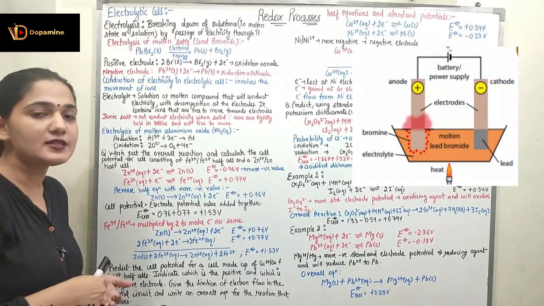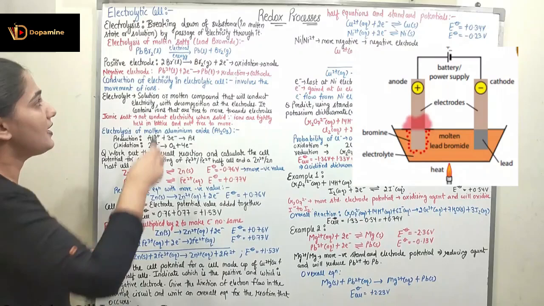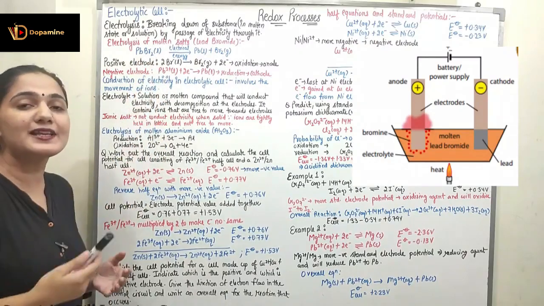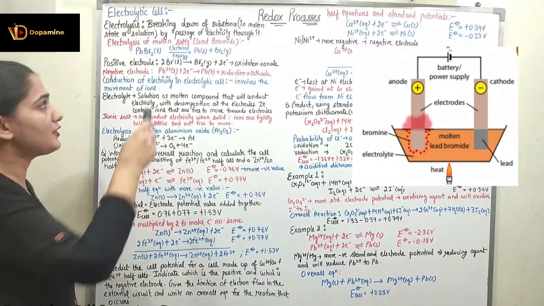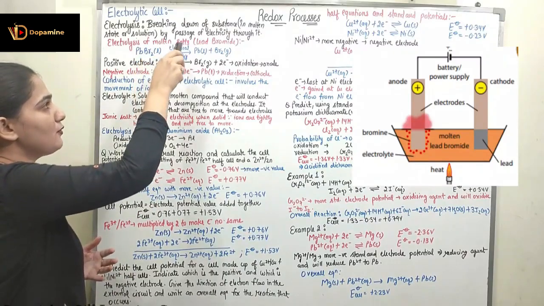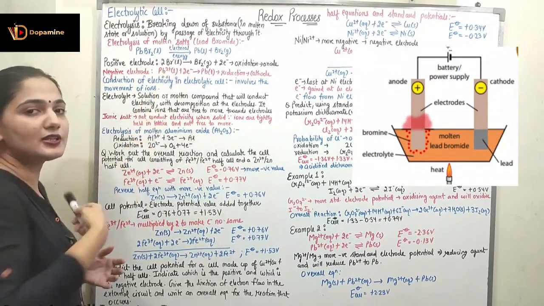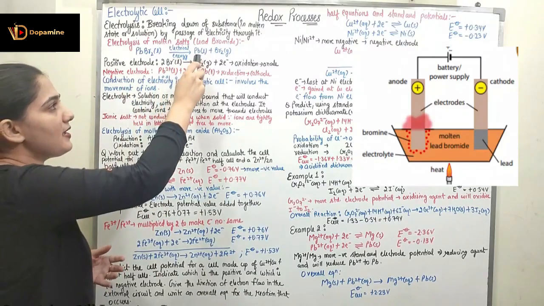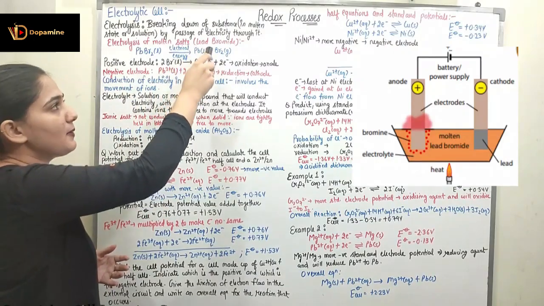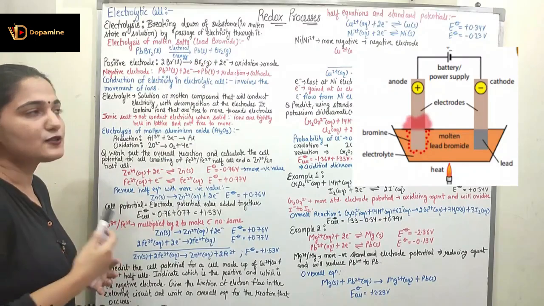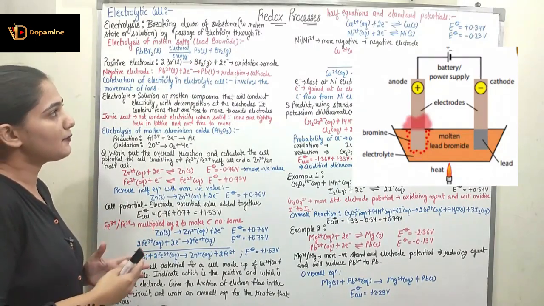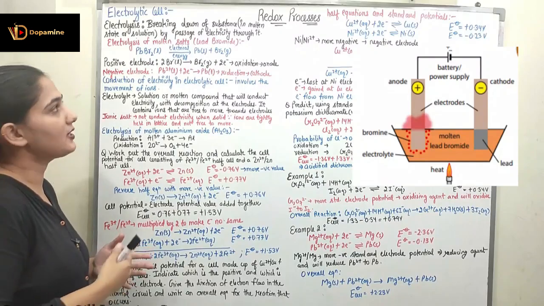The process happening here is PbBr2, my lead bromide, which is present in liquid form. When electrical current passes through it, it is going to break down into Pb, lead in liquid form, plus Br2. This is how we break down lead bromide while passing electrical energy.